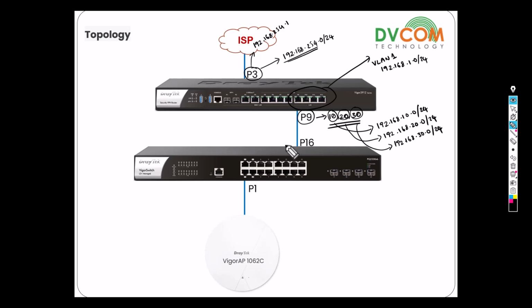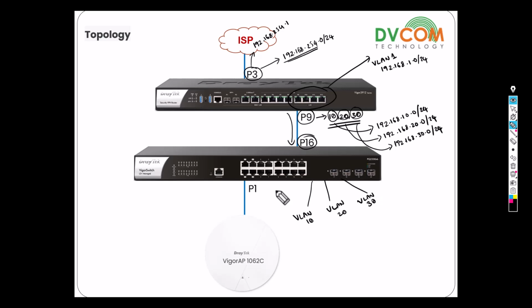I want to tag all these VLAN IDs, and it is connected to my Vigor switch, which is the PQ2200XP. This is the multi-gig switch, guys. It's a PoE and multi-gig switch, and I'm going to connect on port number 16. So on this Vigor switch, I'm going to configure 3 different VLANs: VLAN number 10, VLAN number 20 and VLAN number 30.